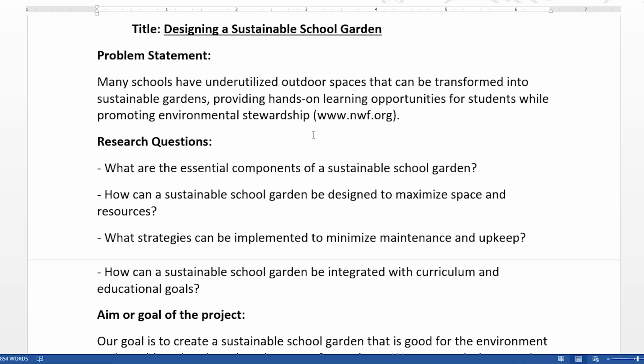So the problem is there are schools that have spaces outside which are not utilized, and yet they can be put into use. They can be used to make a sustainable school garden, which can also promote environmental stewardship.